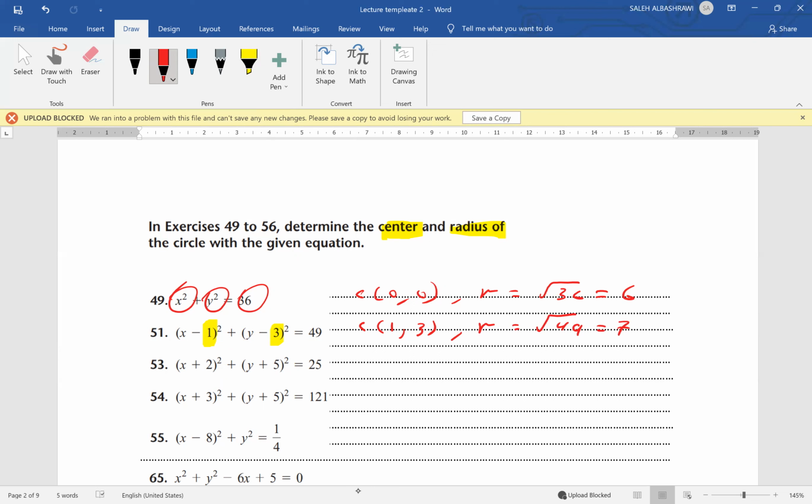Number 53. Center is given by, I have plus 2, so I will take the opposite sign, it is minus 2 and minus 5. And radius r equals square root of 25, that is equal to 5.